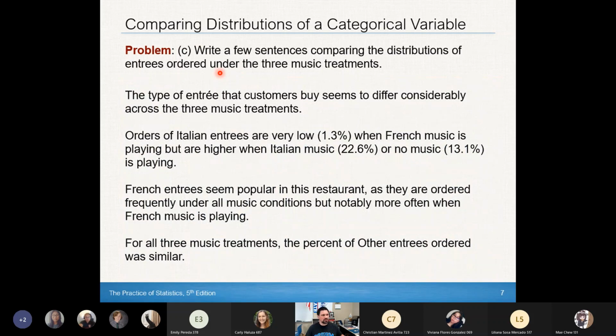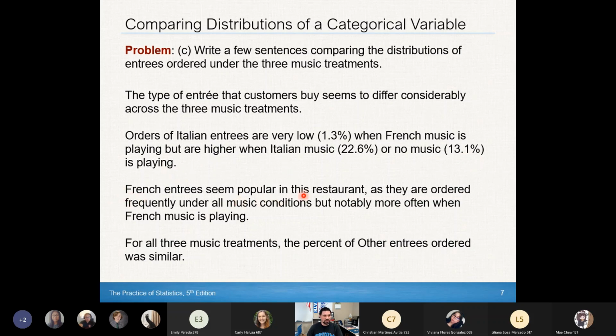So we're now being asked to write a few sentences comparing the distributions of entrees ordered under the 3 music treatments. The type of entree that customers buy seems to differ considerably across the 3 music treatments. Orders of Italian entrees are very low, 1.3% when French music is playing, but are higher when Italian music, 22.6%, or no music, 13.1%, is playing.